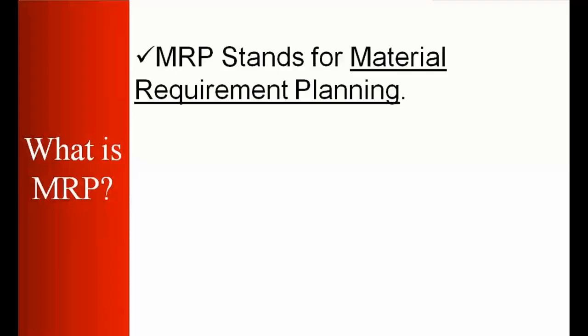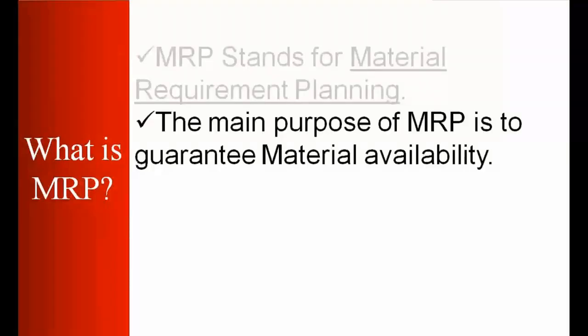MRP stands for Material Requirement Planning. As the name says, requirement planning. Whatever requirement there is from the business, from different departments, the system will use this tool to plan all the procurement process, whether in-house or external, automatically. The main purpose of MRP is to guarantee material availability.